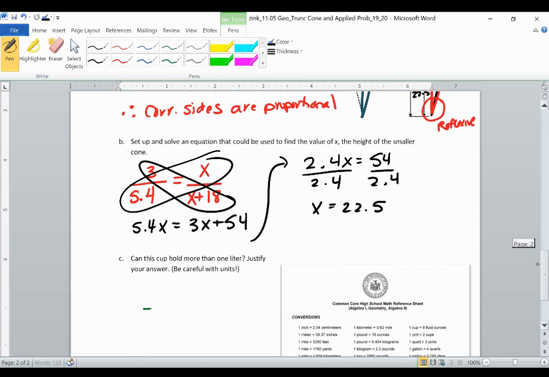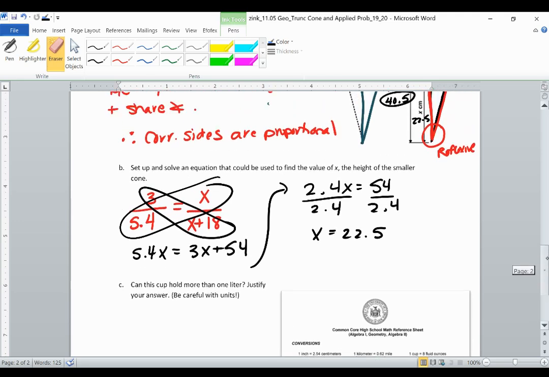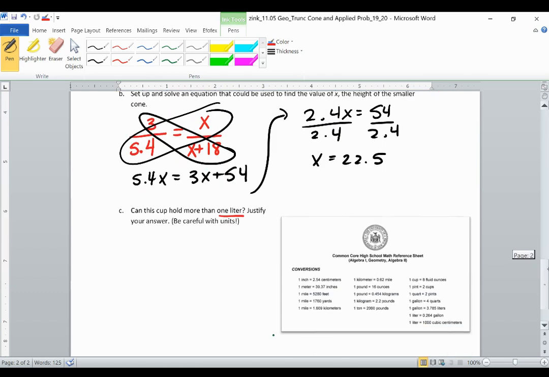All right, so the question says, can this cup hold more than 1 liter? Justify your answer, be careful with units. So we want to know if it can hold 1 liter. Before we can figure that out, we want to find the volume, and in this case our units are centimeters, so we want to know the cubic centimeters that it can hold, and then we can convert that into liters after.